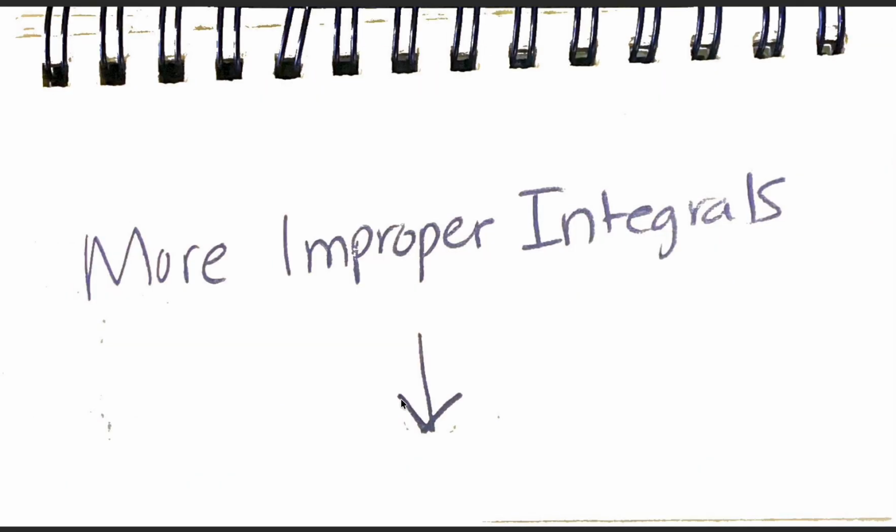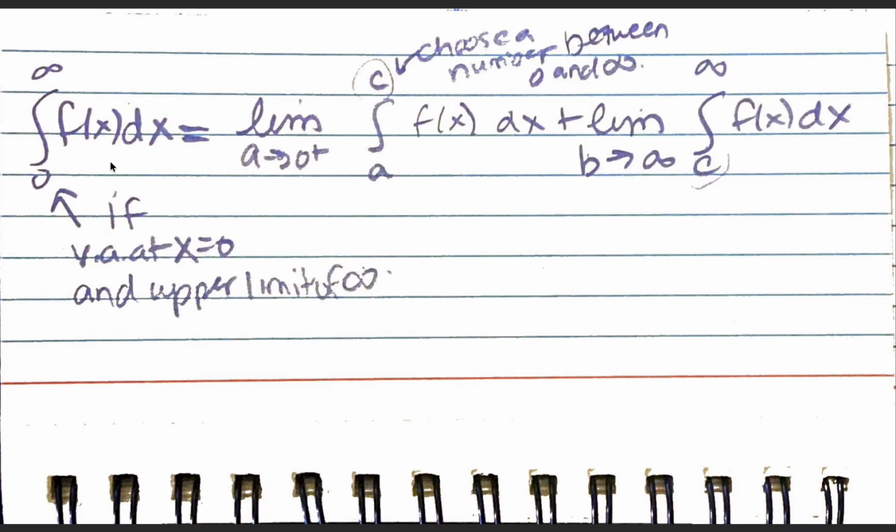More improper integrals. Take a look at this. The integral from 0 to infinity, if the vertical asymptote is at x equal to 0 and the upper limit is infinity, then we can write it in this way. The limit as a goes to 0 from the right side of the integral from a to c of f of x dx.